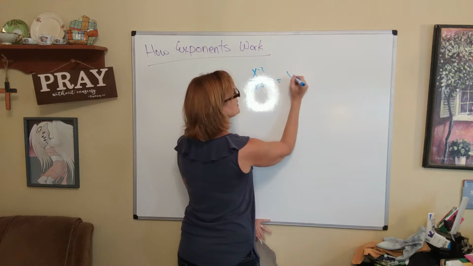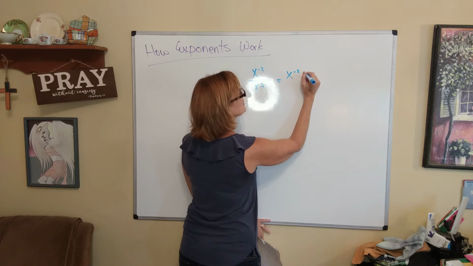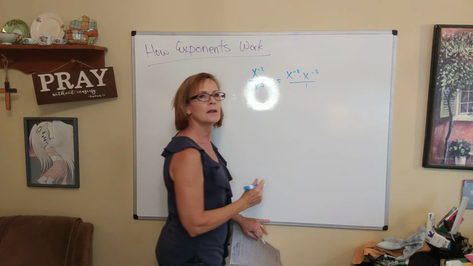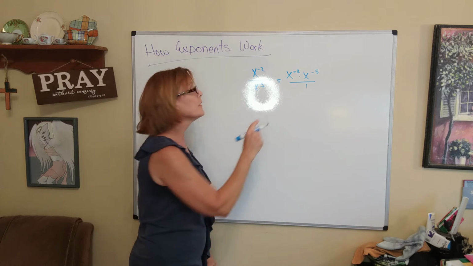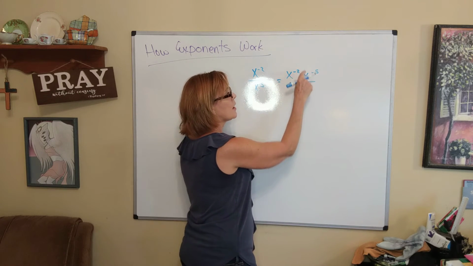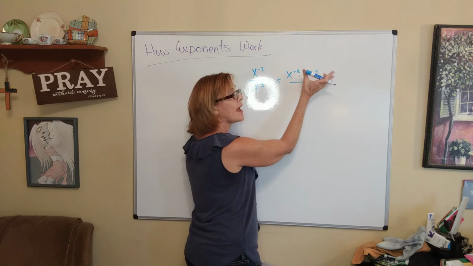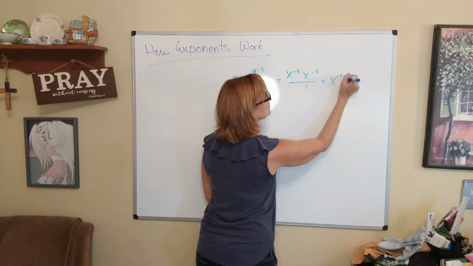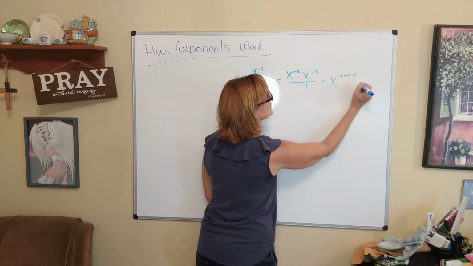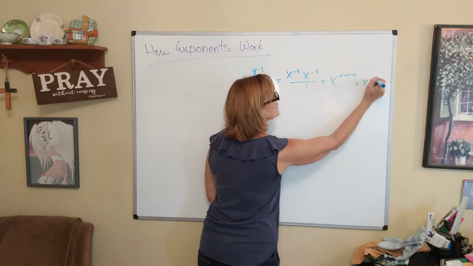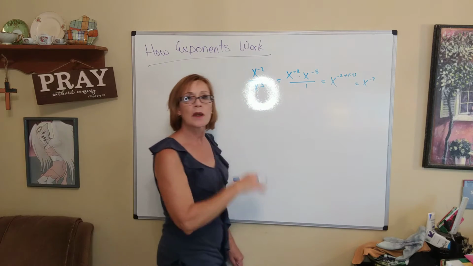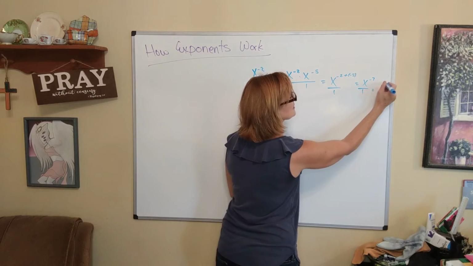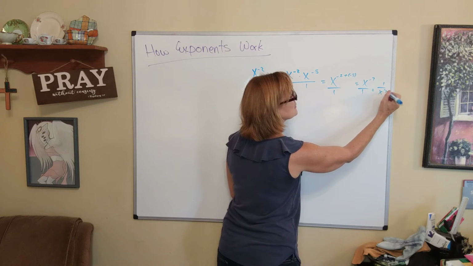So this becomes x to the negative 2 times x to the negative 5 over 1. And then when you have a base to a power times the same base to a power, you can add the exponents. This becomes x to the negative 2 plus negative 5, or x to the negative 7. Now, if I wanted to write that as a positive exponent, remember this is over 1. This could be 1 over x to the 7th.